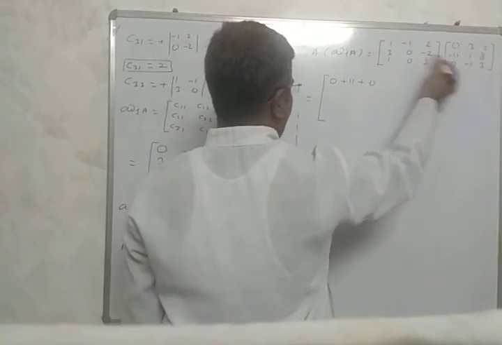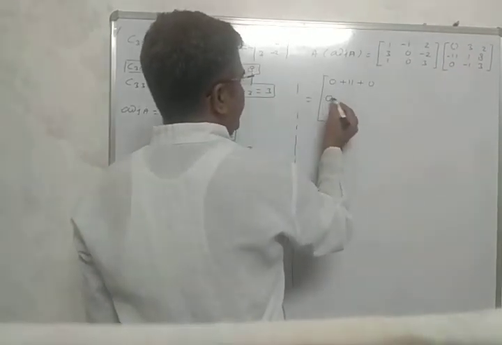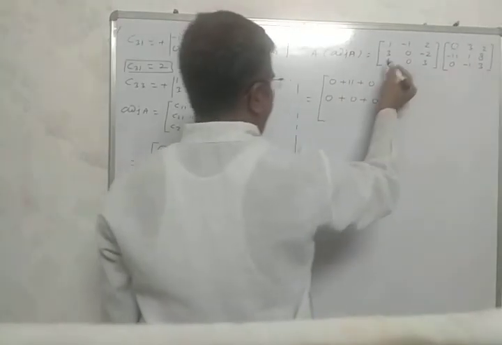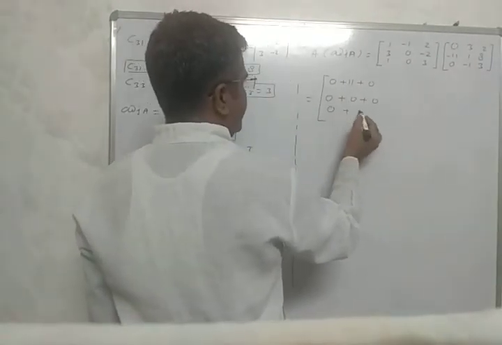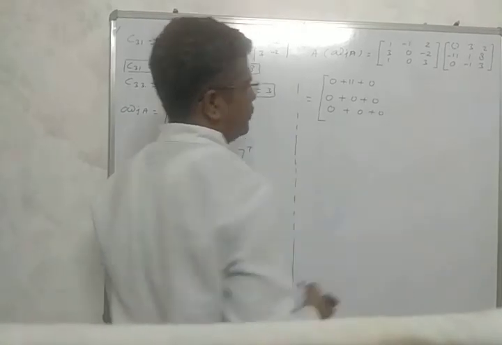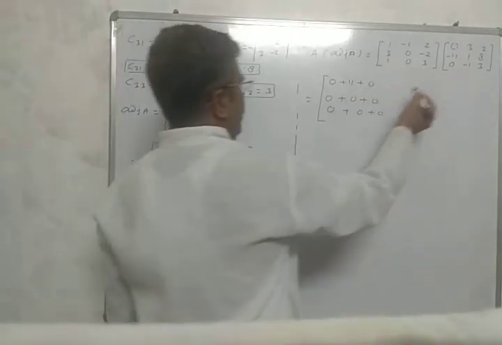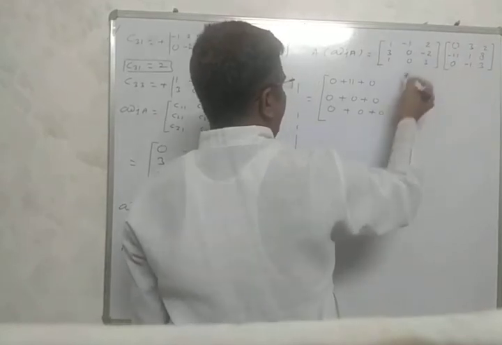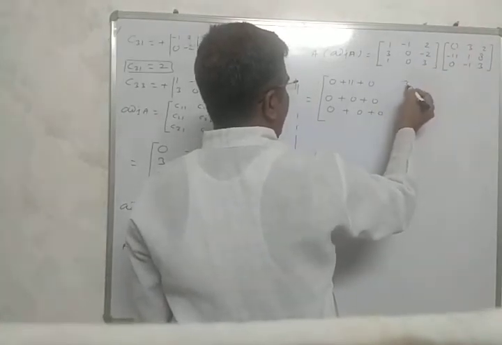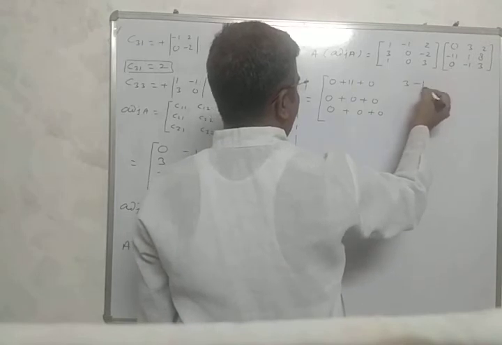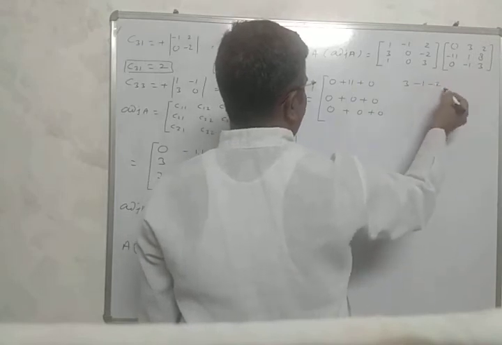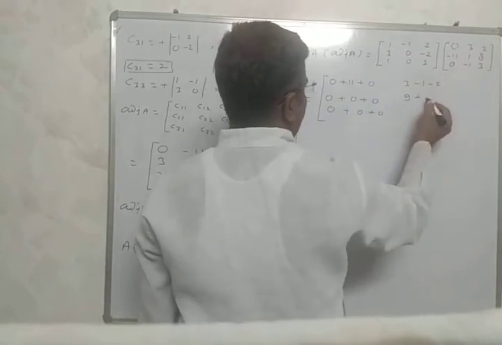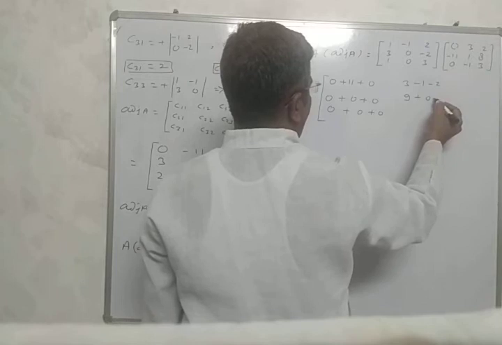Again we multiply this column, this row: 0, 0 and 0. Again we multiply this column: 3, minus 1, minus 2, 9, 0, plus 2.